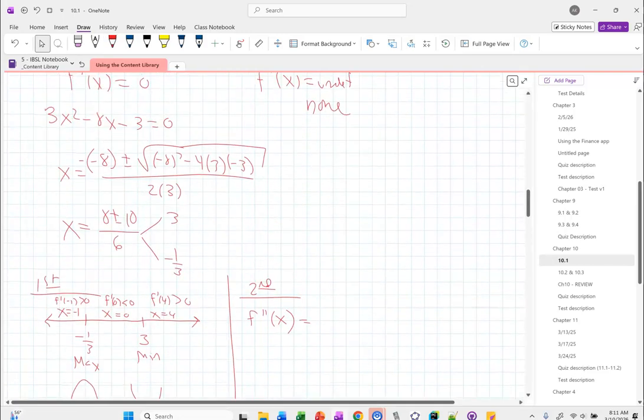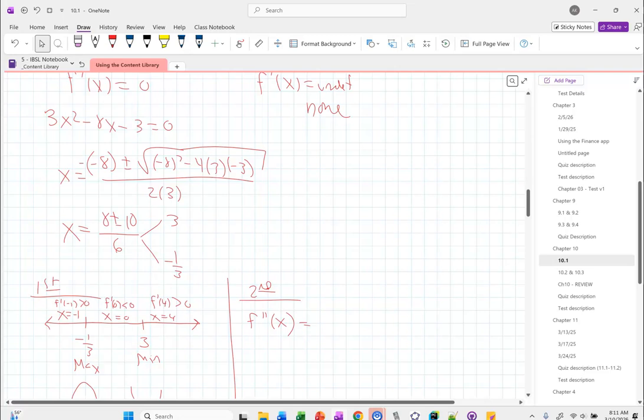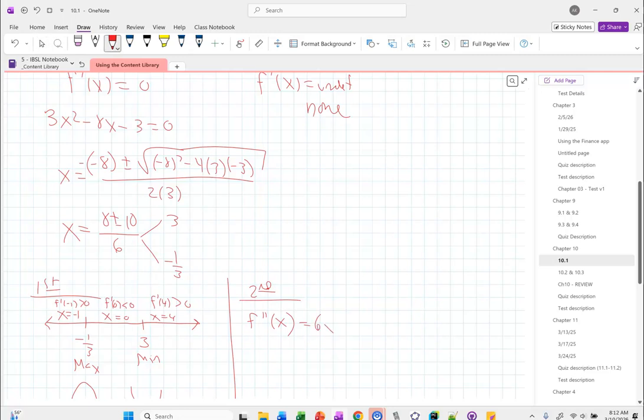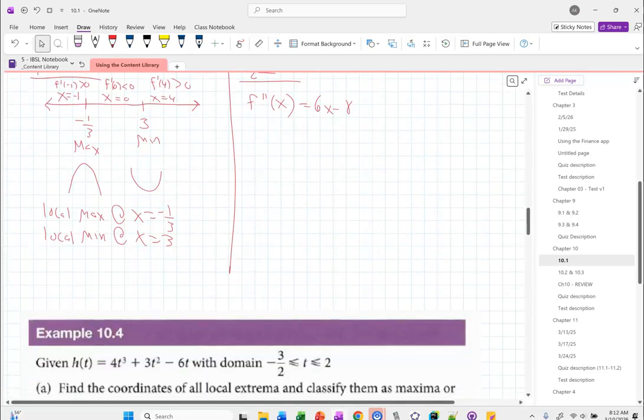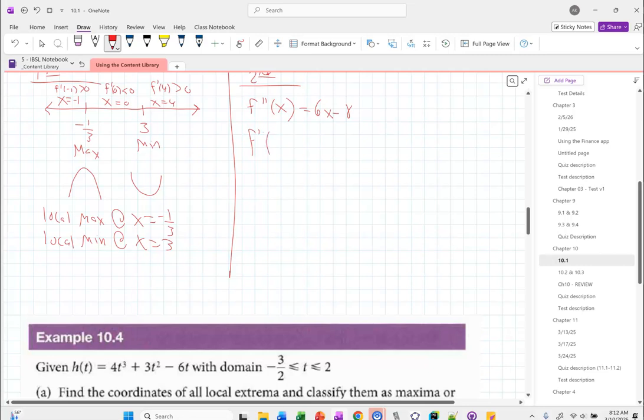If I want the second derivative test, I need to take the second derivative. What's the derivative of 3x squared minus 8x minus 3? 6x minus 8. 6x minus 8 is correct. I then plug in my critical values. So if I plug negative 1/3 into 6x, I get negative 2, and then minus 8 is negative 10.